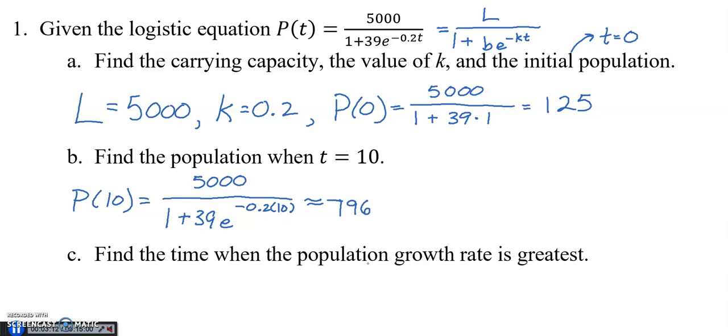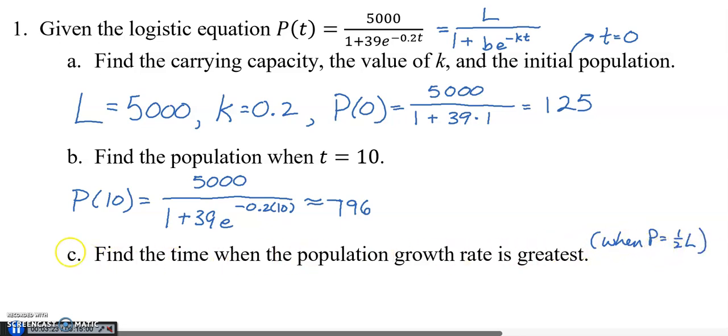All we're going to do is remember that the population growth is greatest when the population equals 1/2 the carrying capacity. That's one of the big concepts that we want to remember about logistic functions. So since L is 5,000, we're asking, when is the population equal to half of 5,000? In other words, 2,500.